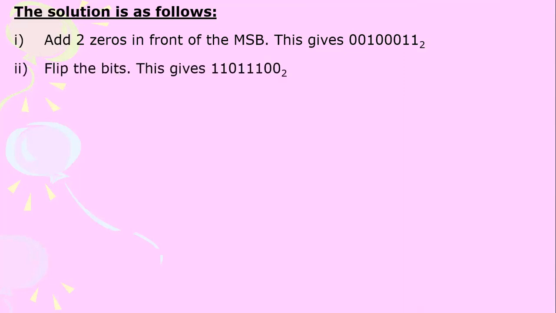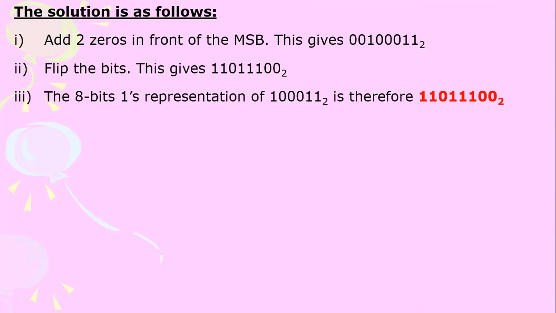The next step is we flip the bits. In other words, we change zeros to ones and ones to zeros. So this gives us 11011100 binary.